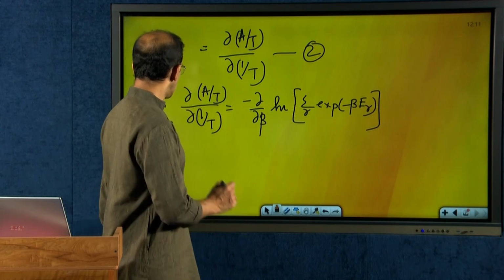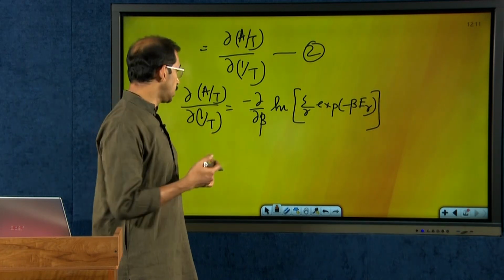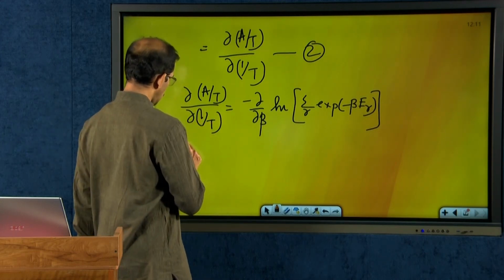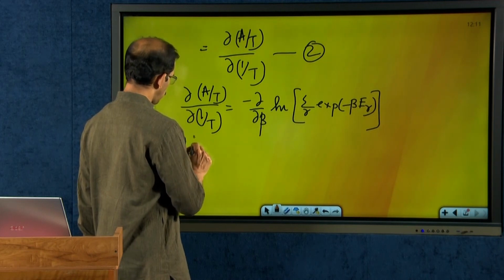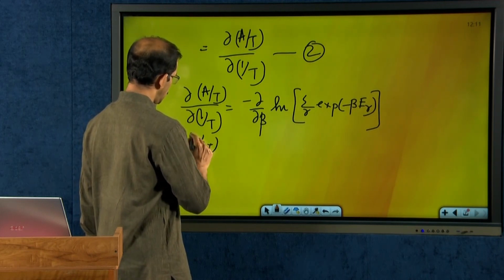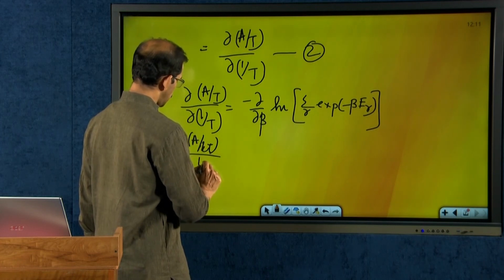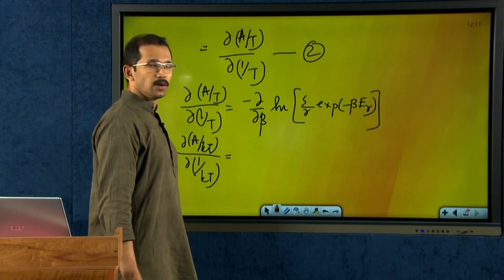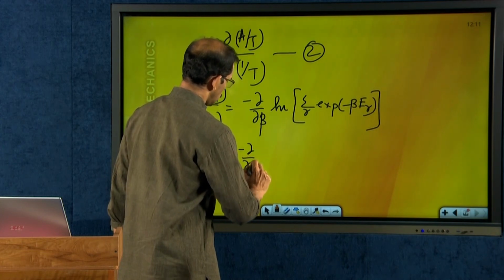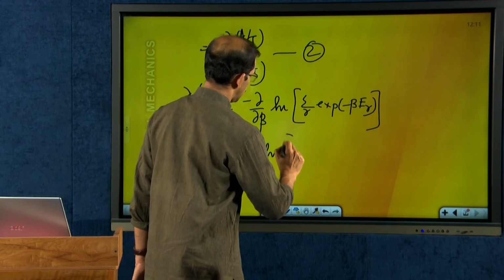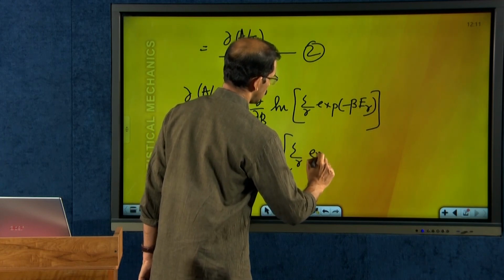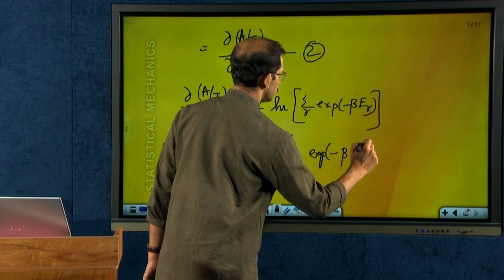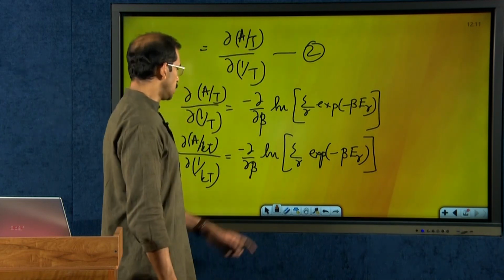Then I can rewrite this by dividing by k in the left hand side, in the denominator and in the numerator. Therefore, I can write this as dou of A by kT divided by dou of 1 by kT is equal to minus dou by dou beta ln sum over R exponential minus beta E_R, right. This was the expression.